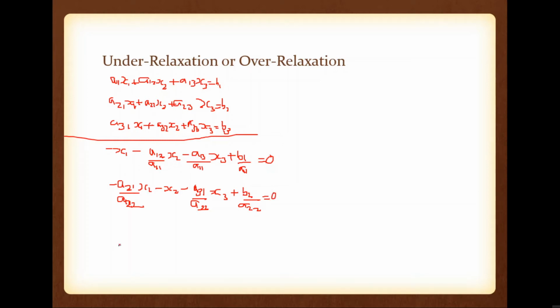Sorry, this is also a22. Okay. Then the third equation, the last equation, is minus a31 divided by a33 into x1 minus a32 divided by a33 into x2 minus x3 plus b3 divided by a33 equal to 0. So this one is the modified equation.